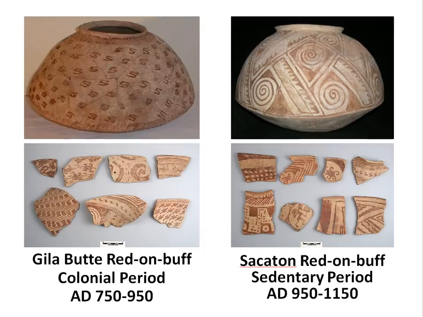And when we find a site that has Helibute red-on-buff, we know that that site dates to the colonial period, between AD 750 and 950. And when we find a site that has Sacaton red-on-buff, we know that it dates to the sedentary period, between AD 950 and 1150.